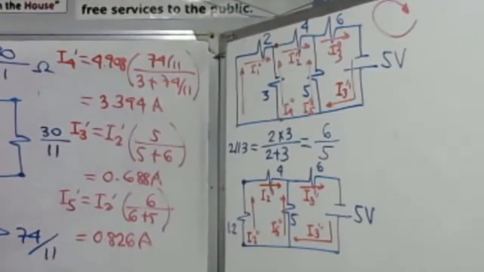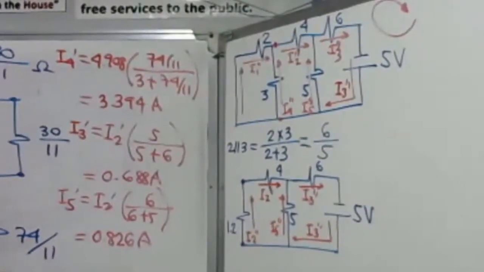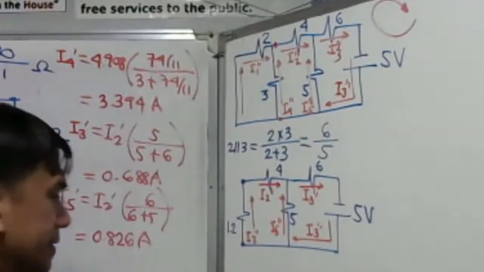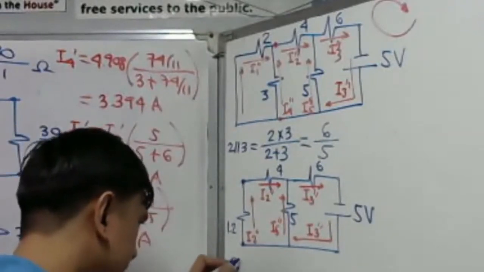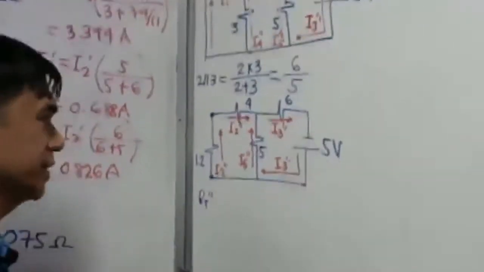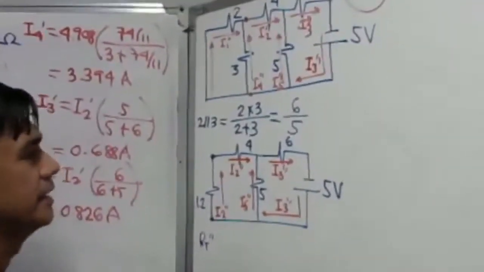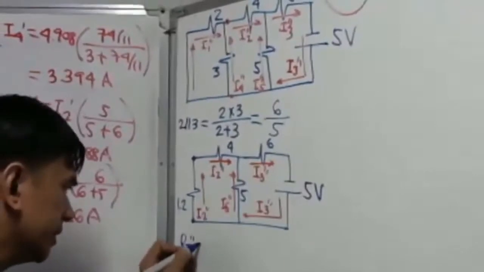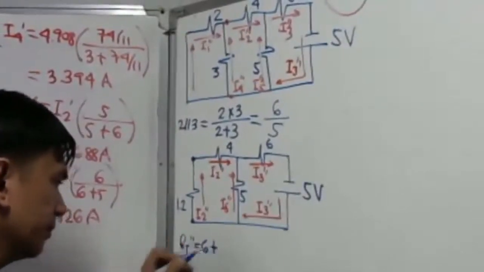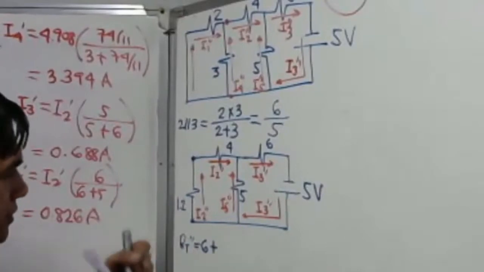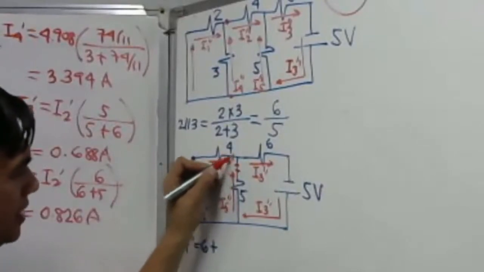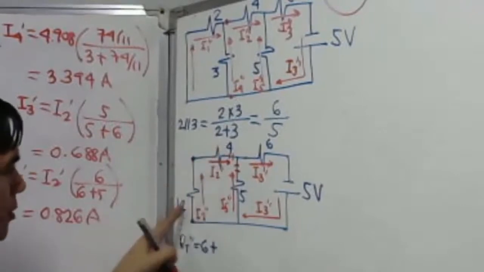Take a look here now. We can easily calculate our total resistance. What is our total resistance? RT double prime. This is 6, I will put 6 here right away, plus there will be a parallel combination. This is in parallel with this. But what is the value of these two resistors?